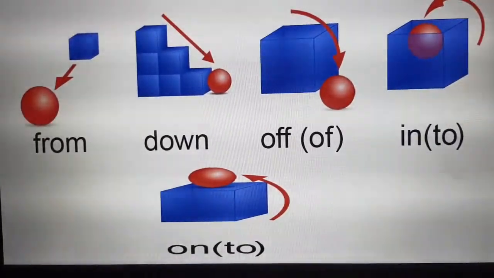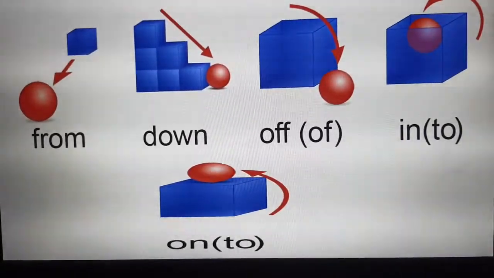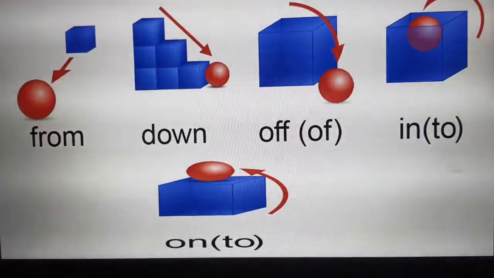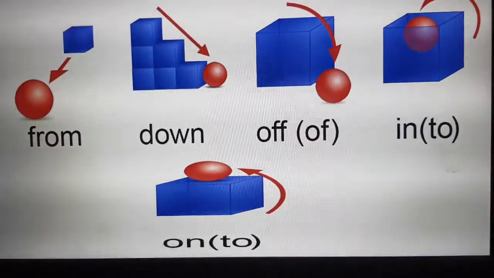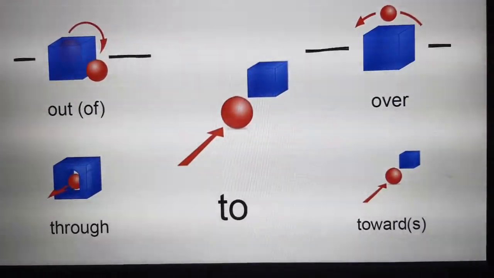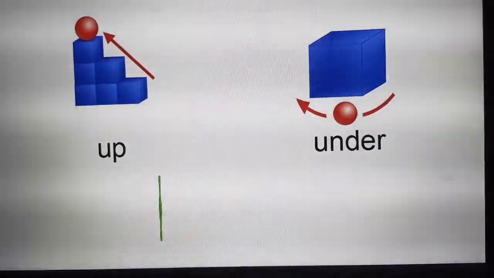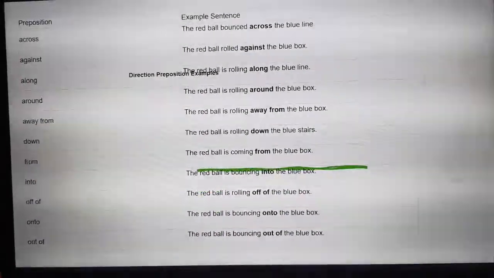From, down, off. Off means away, like it just fell off the blue box, okay? In or into, onto. Right? Out of, to, over, towards, through. And up and then under. Now you can see the prepositions here.